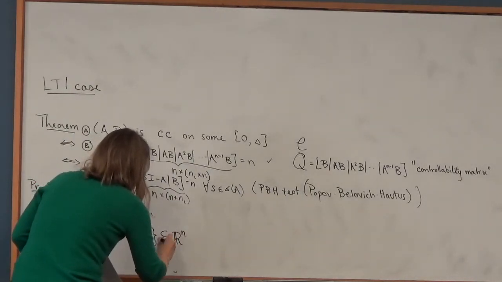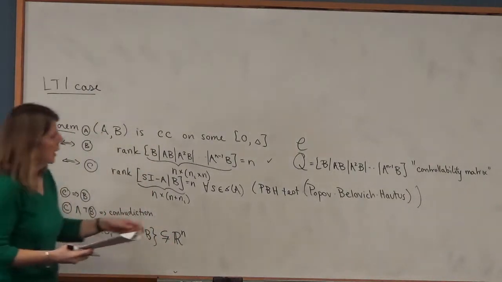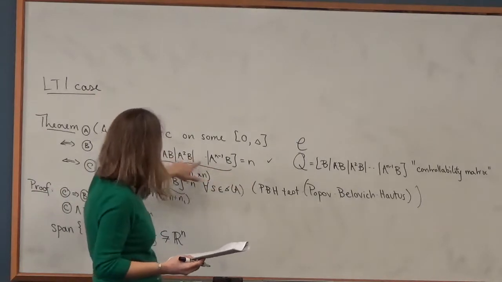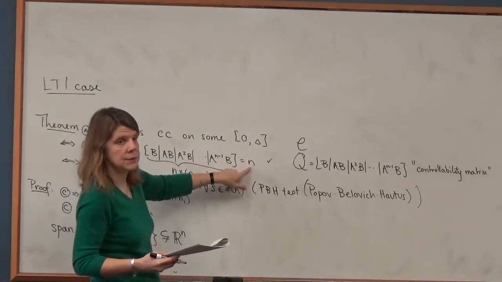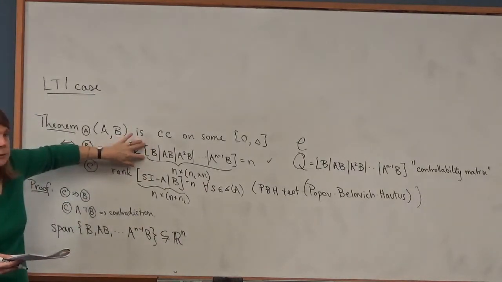So it's some subset which is not equal to Rn. I've assumed not B, so I'm assuming that this doesn't have rank n, it's got rank less than n. N is the maximum rank it can have, right? Because that's the number of rows of this matrix.